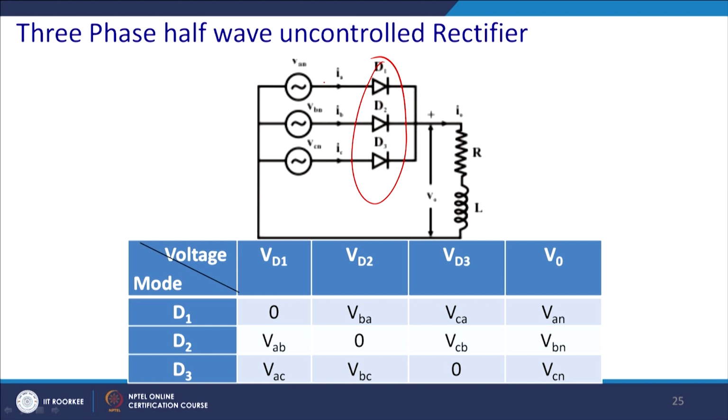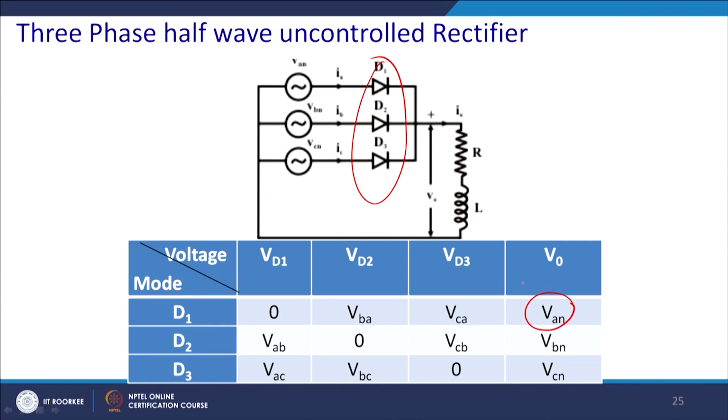So, what happens? You can see how conduction takes place. When diode D1 conducts, the voltage drop across it will be 0, and you will get a voltage of VAN across the RL load. If D2 is conducting, D1 will block the voltage VBA, which is a negative voltage, and similarly it will block the voltage VCA.